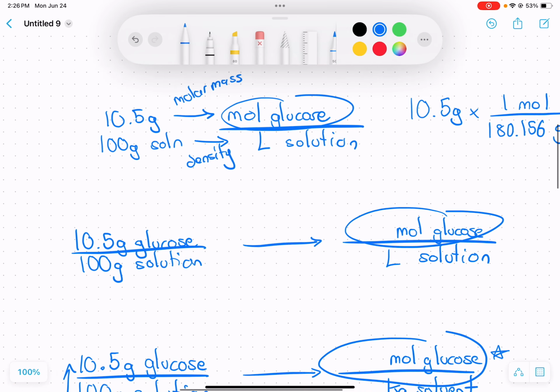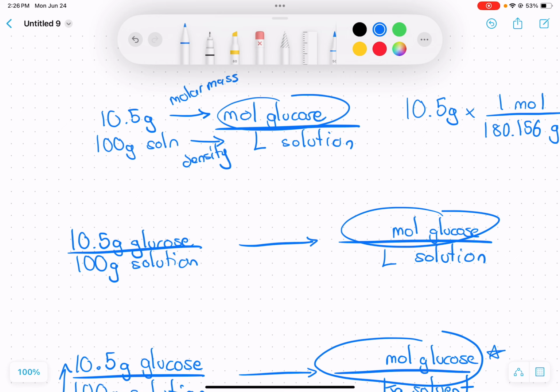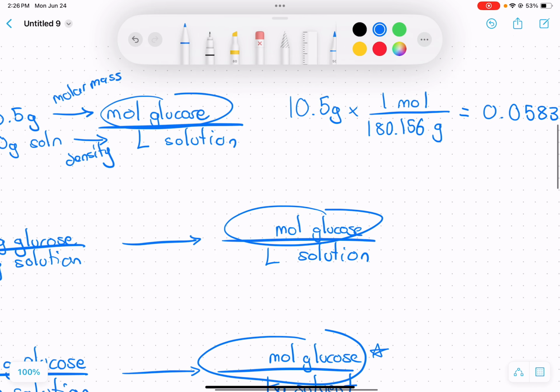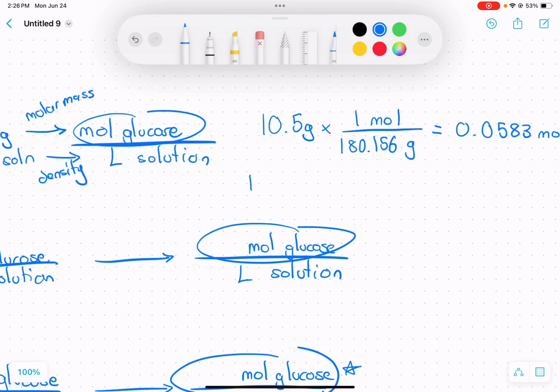Okay. So then the second thing is we need to convert grams of the solution to liters of solution using the density of 1.03. So 100 grams of the solution times 1.03 grams per 1 milliliter. That's going to give us the volume in milliliters.